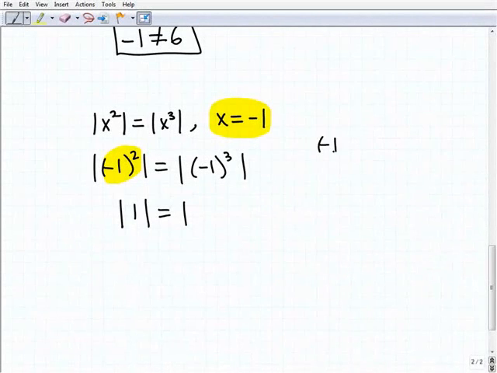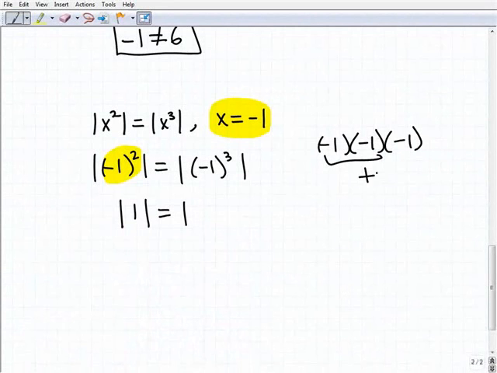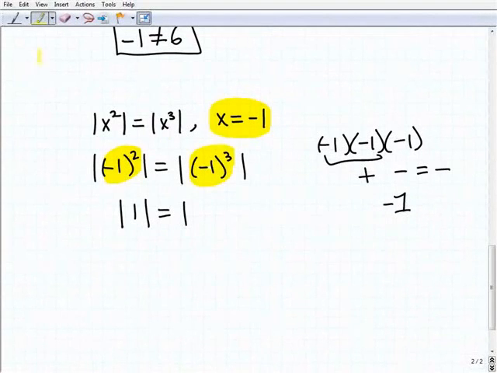And that means -1 times -1 times -1. Negative times a negative is a positive. A positive times a negative is going to be negative. So -1 times -1 times -1 is going to be equal to -1. All right, so (-1) cubed is the same thing as -1.